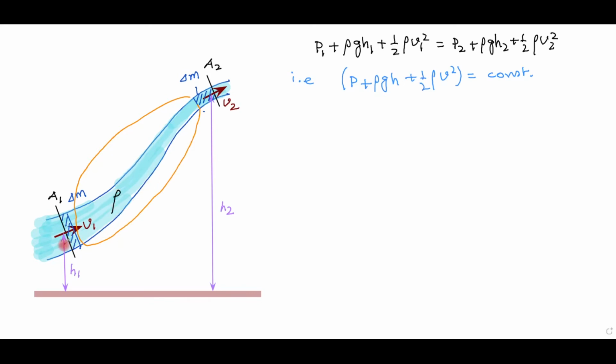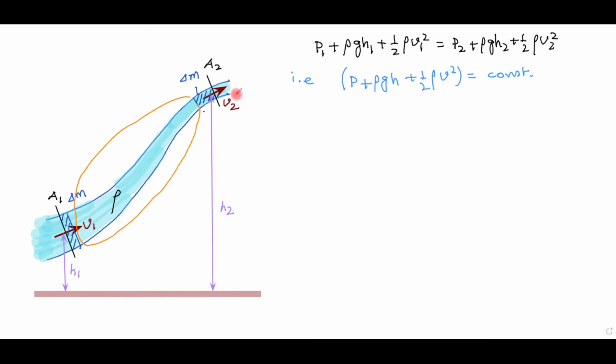Consider a finite mass del m of liquid which has been pushed into this volume at this cross section. And since volume of this is constant, through the other cross section, in the same time, del m mass of liquid will be expelled.